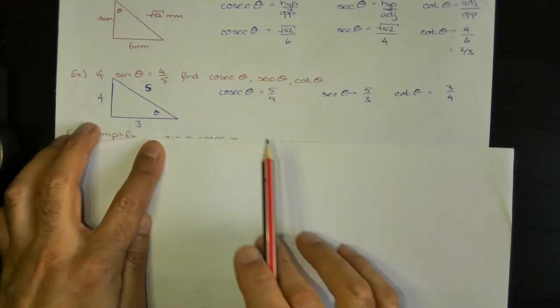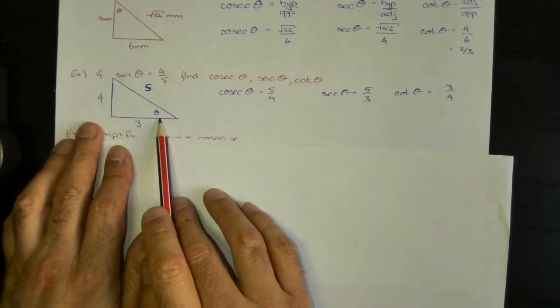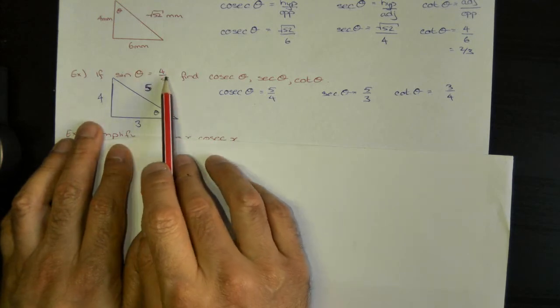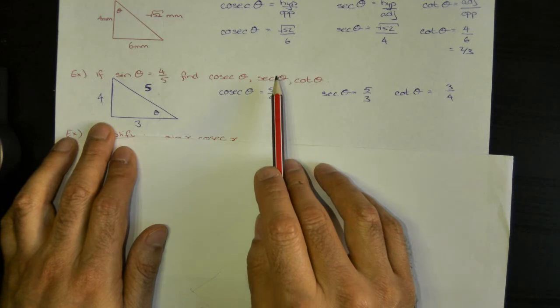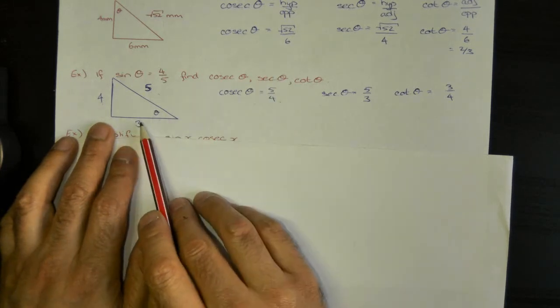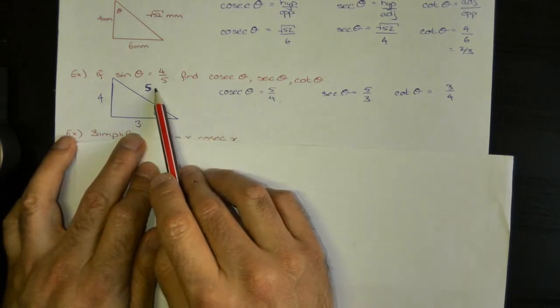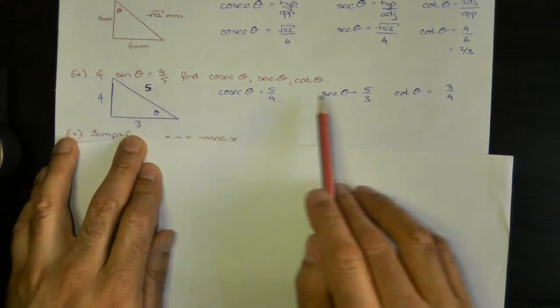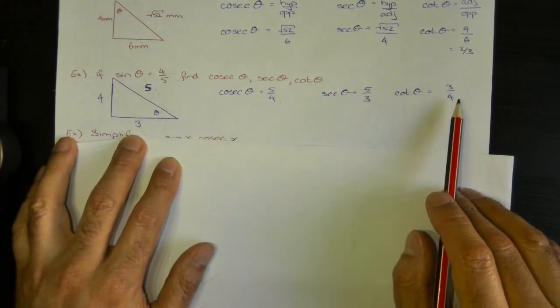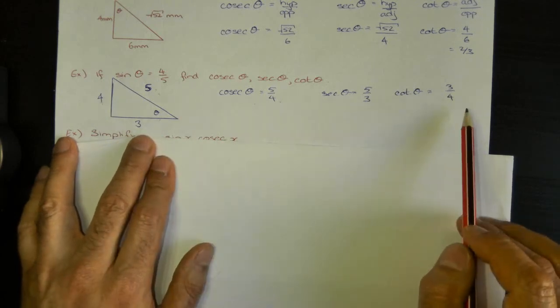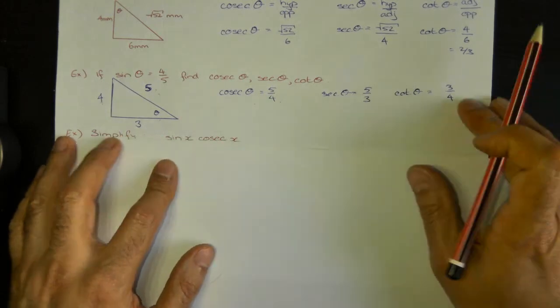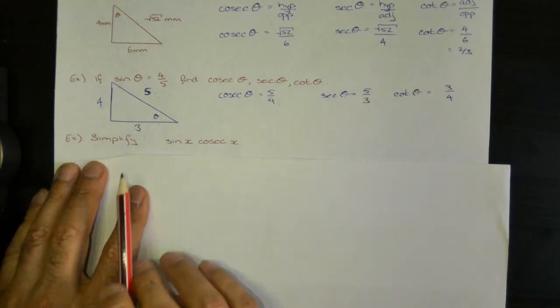So if I wanted to find the cosec of this angle, that's the reciprocal of that, so flipping that on its head, it's 5 over 4. Sec theta, as cos was 3 over 5, the reciprocal of that is going to be 5 over 3. And cot theta, well, tan is going to be 4 over 3, the reciprocal of that is 3 over 4.